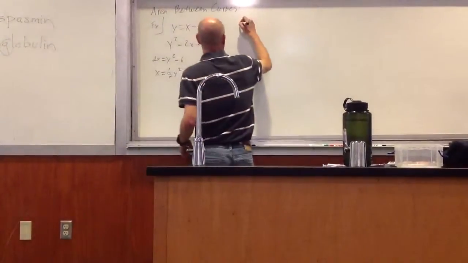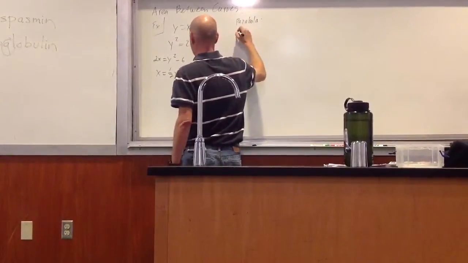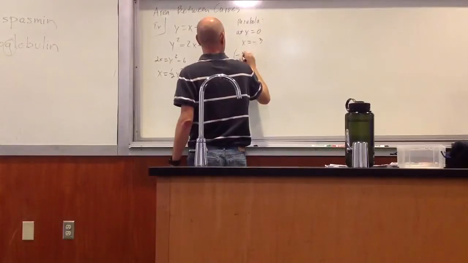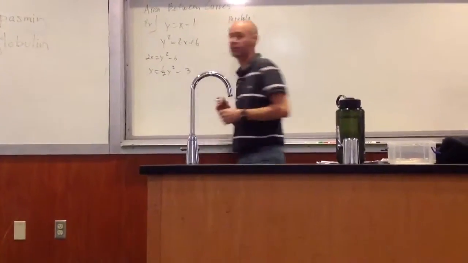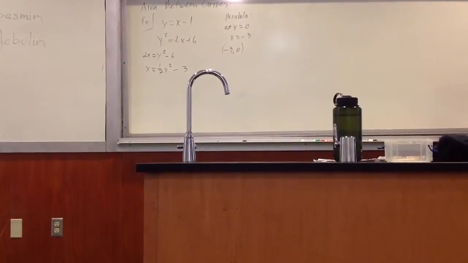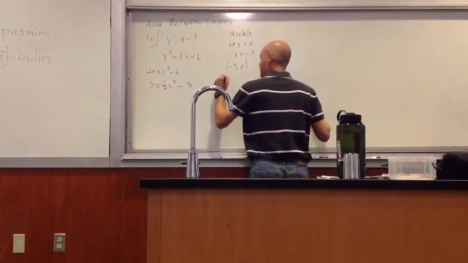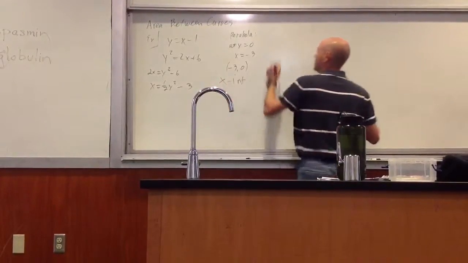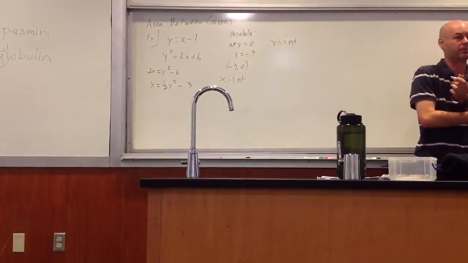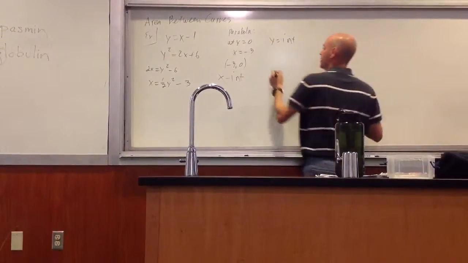So let's talk about this parabola. We have one point on the graph. This is the x-intercept. How about the y-intercept? What do we do in that case? Set x equal to 0.